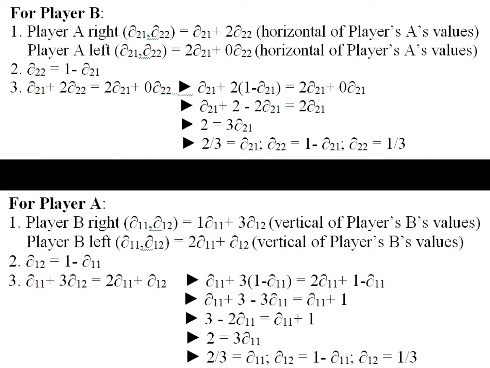So player A right is theta 2,1 plus 2 times theta 2,2. And player A's left is 2 theta 2,1 plus 0 theta 2,2. Now this here is the pizza rule, which is theta 2,2 equals 1 minus theta 2,1. And you agreed to this in the previous slide.